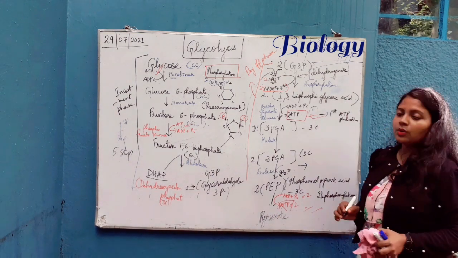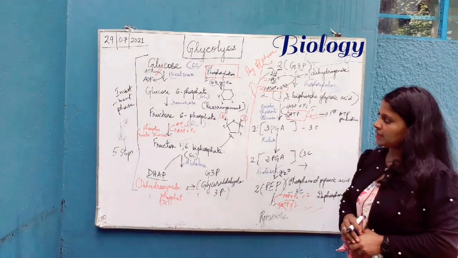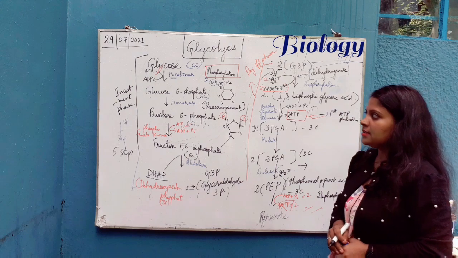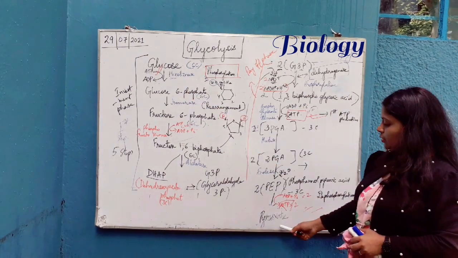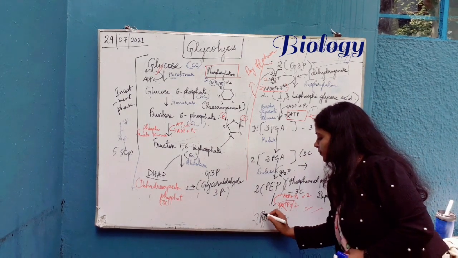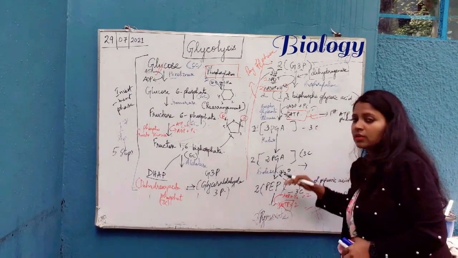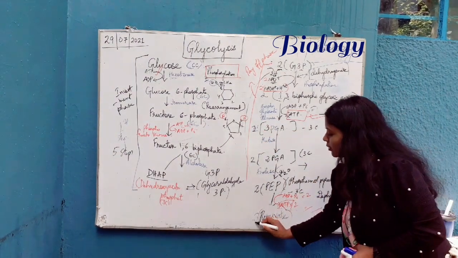Now you see the whole process of glycolysis. The first starter is glucose. Now glucose has been converted into 2 molecules of pyruvate. Okay. Since the whiteboard is completely wet now after the rain, I am unable to write now.